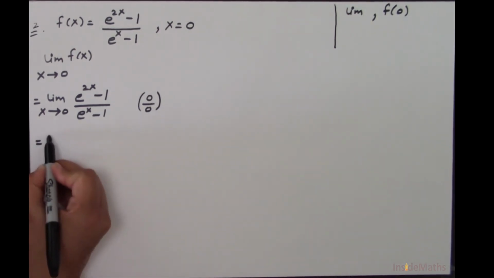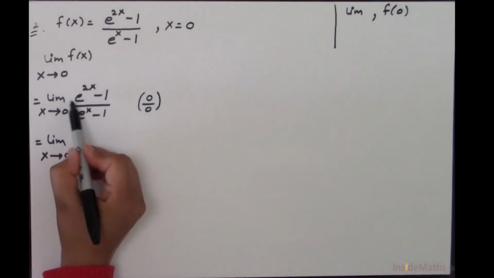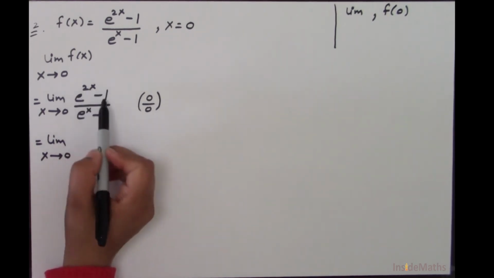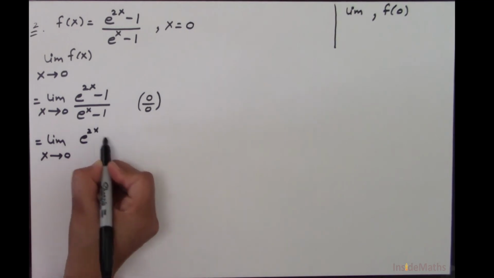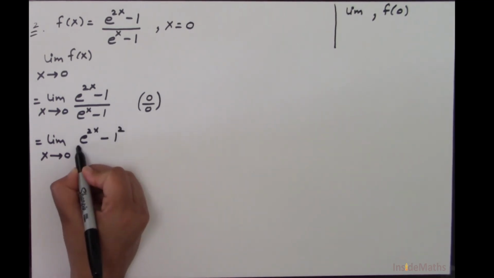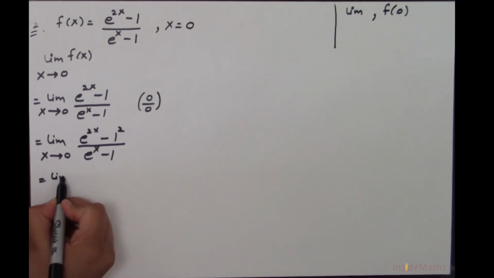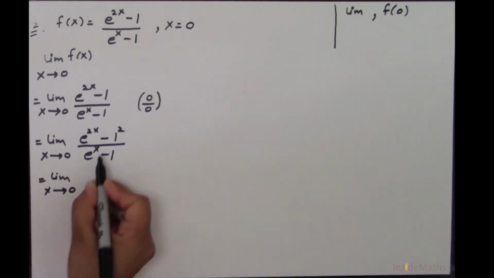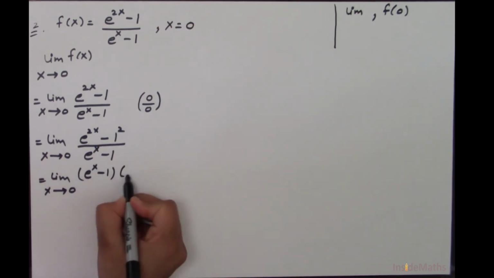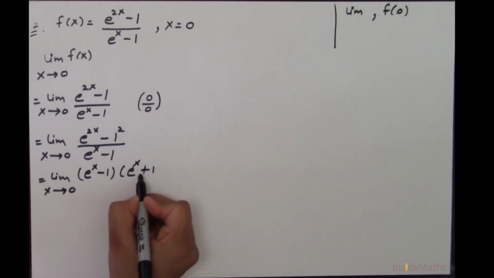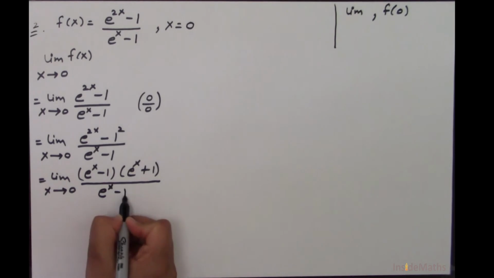So what I'll do, limit x approaches 0, I will make the factors of the numerator. So how can I write? e raised to power 2x minus 1 is (e raised to power x) square minus 1 square, over e raised to power x minus 1. So limit x approaches 0, e raised to power x minus 1 into e raised to power x plus 1, divided by e raised to power x minus 1.